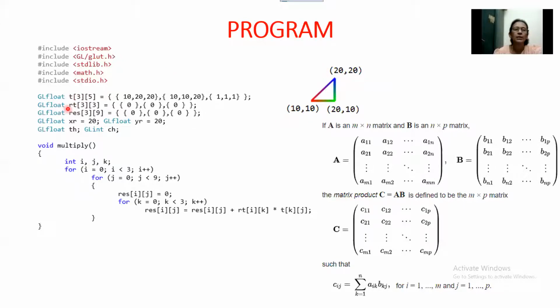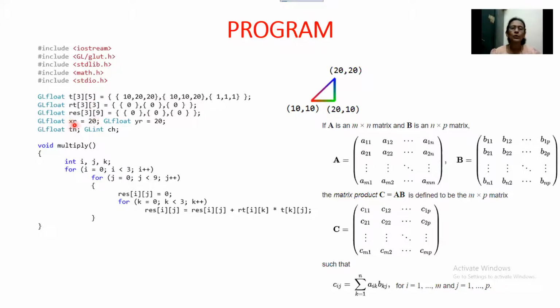Next you have RT, that is the rotation matrix, the transformation matrix, and we are initializing it to all zeros. The resultant matrix also we are initializing to all zeros. Now the fixed point about which we rotate, we are fixing.